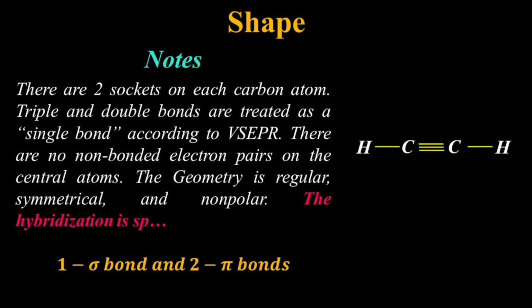There are 2 sockets on each carbon atom. Triple and double bonds are treated as a single bond according to VSEPR rules. There are no non-bonded electron pairs on the central atoms. The geometry is regular, symmetrical, and nonpolar. The hybridization is sp, 1 sigma bond and 2 pi bonds.